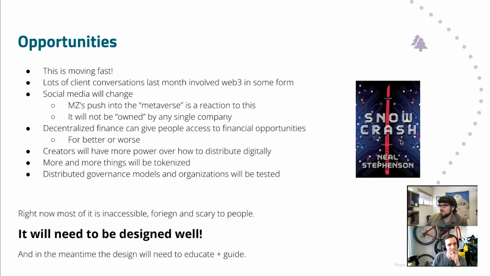I put a book here, which I would highly recommend anybody read, called Snow Crash. Neal Stephenson coined the term metaverse in it. It was a place where people could exchange items and do things digitally. This book was written in the 90s, so it's very forward thinking.